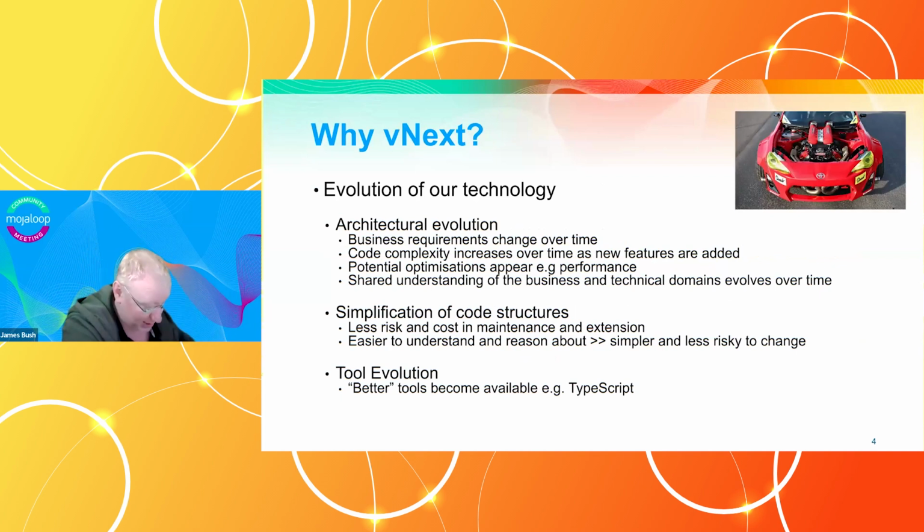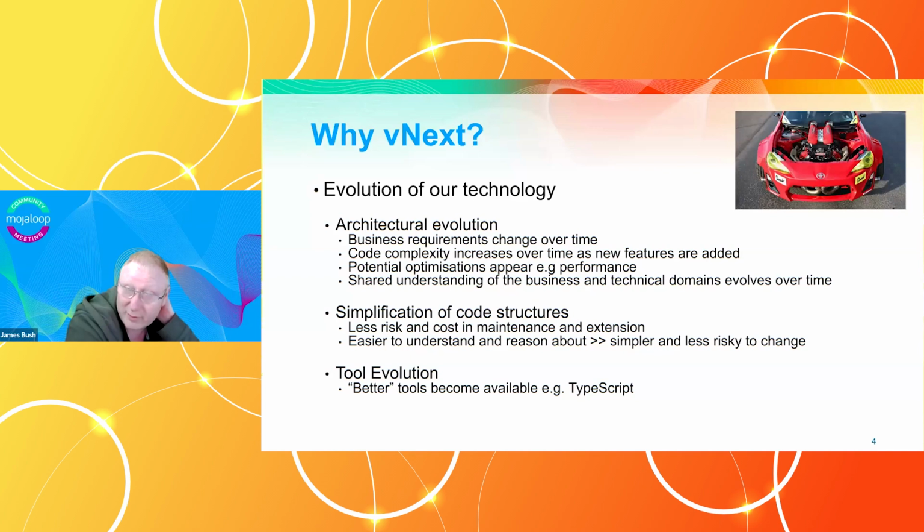And as you maintain a large code base over time, the complexity tends to increase. But also during that evolution and growth of a code base, sometimes optimizations become apparent, obvious.